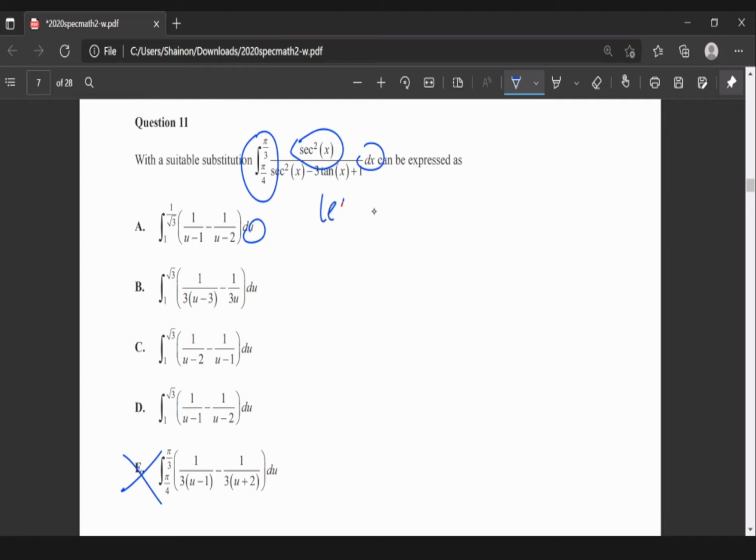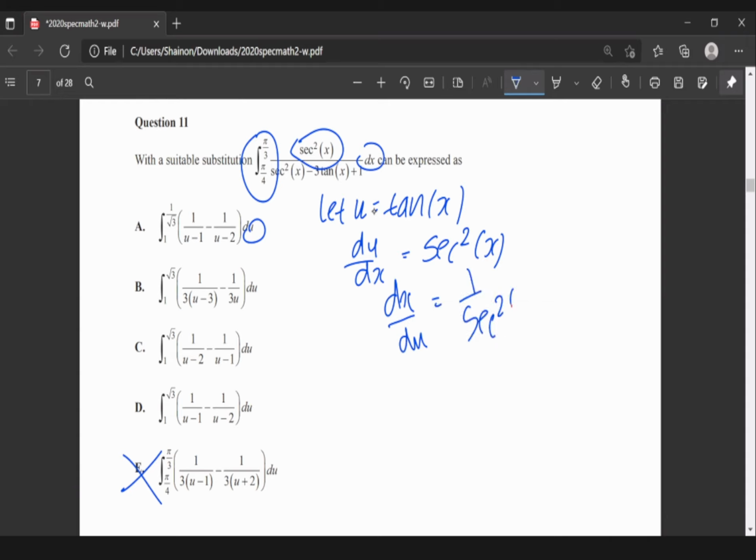So we let U equal tan x, du dx is sec squared x. Then dx du is 1 over sec squared, and that's going to cancel out with this one.